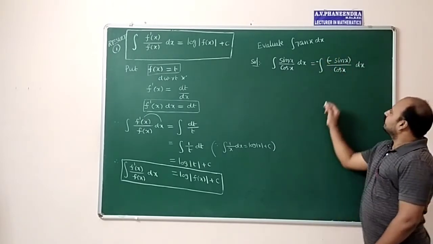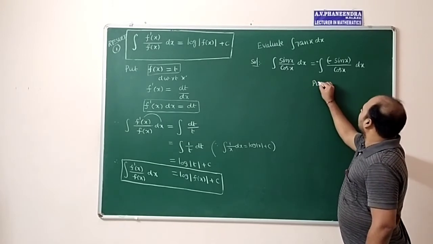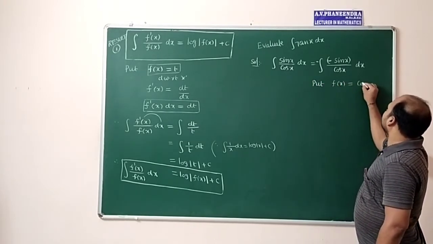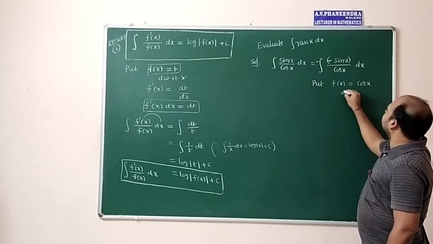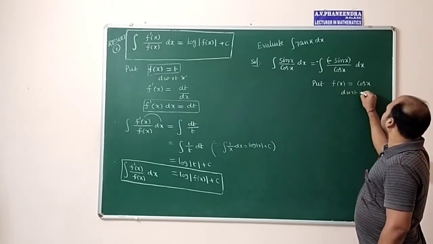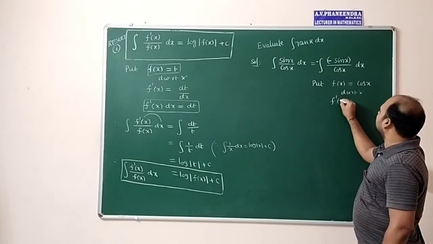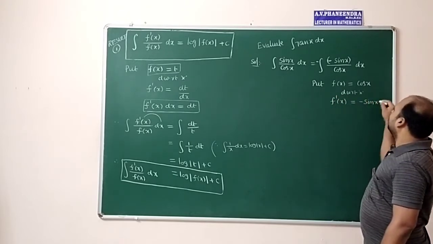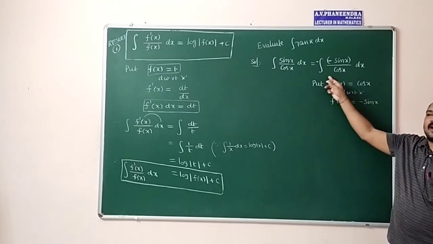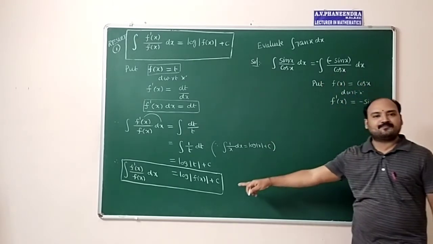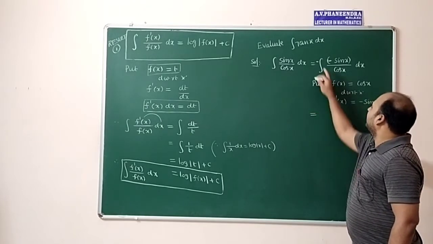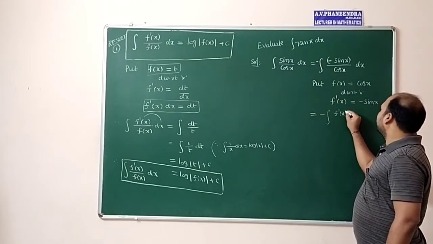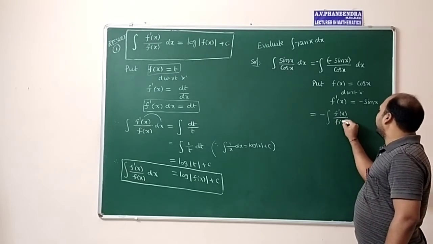So now, put f of x is equal to cos x, differentiate with respect to x, f dash of x is equal to the derivative of cos x, which is minus sin x. Now this converts into the formula form, which is equal to minus integral f dash of x divided by f of x into dx.